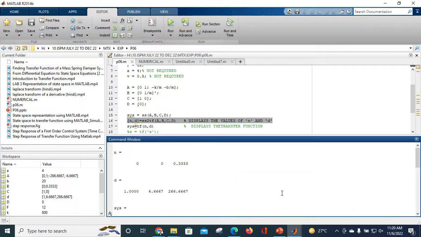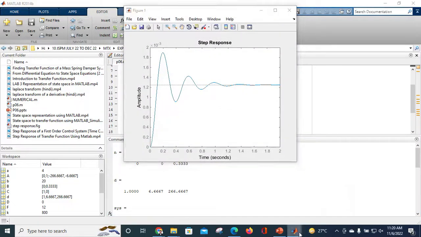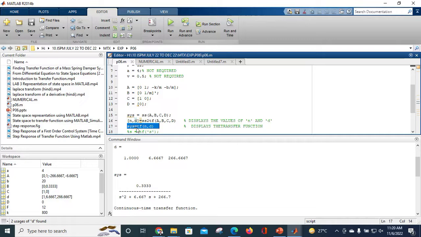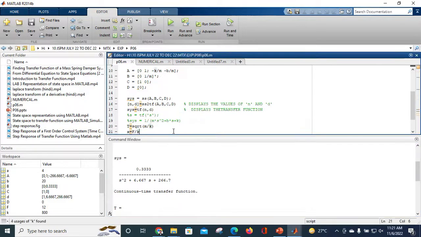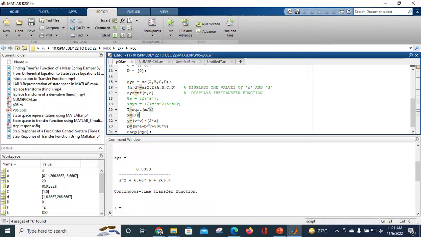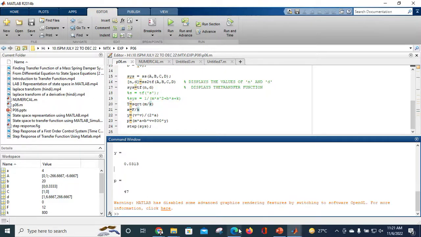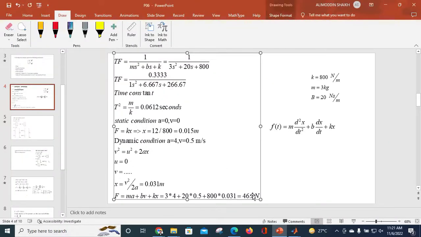Then the denominator is 1, 6.6, 266. Then here is the transfer function, sys transfer function, with numerator and denominator s square plus 6.6 s plus 266. Then the time constant and distance and all are found out as 0.0612, 0.015, 0.031.